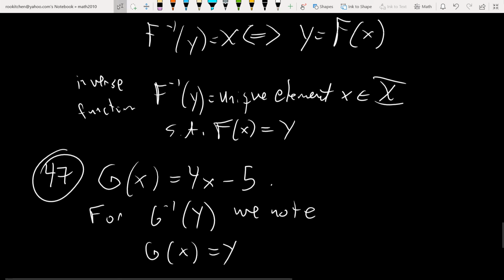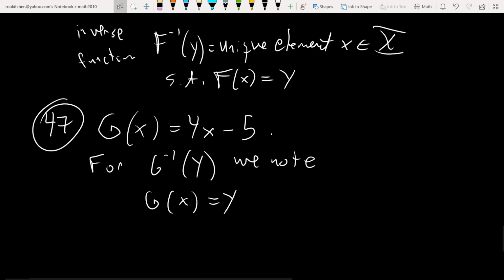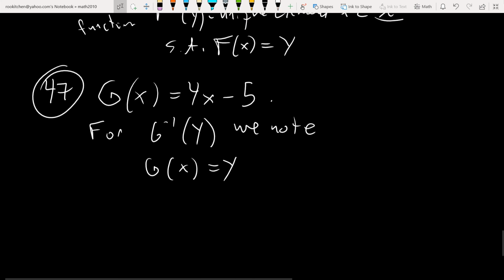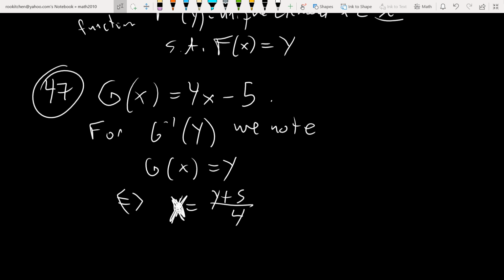That's just from the definition. And this is true if and only if y equals 4x minus 5, or x equals y plus 5 over 4. So sort of back engineering that expression. And that will give you the inverse. So this thing is basically g inverse of y.